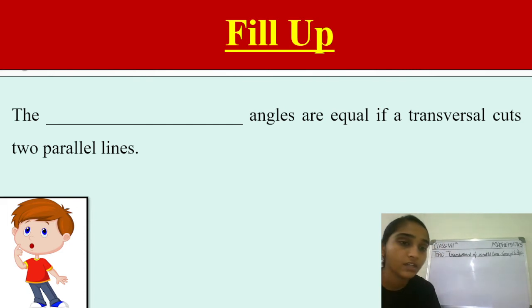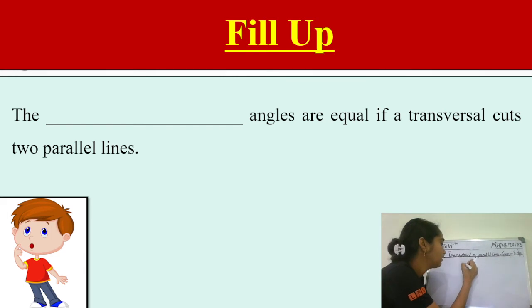Very good students, you can take a few more seconds to answer this question. Think of the concept which we have discussed just now. Very good. So you must be answering it as the pair of interior angles on the same side of the transversal, or the alternate interior angles. That could also be the answer.